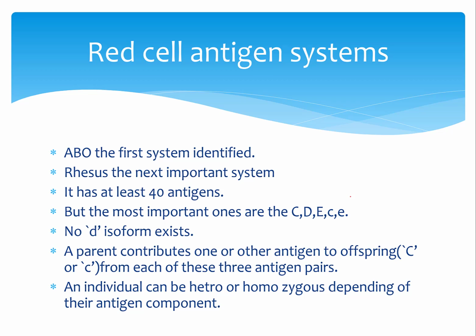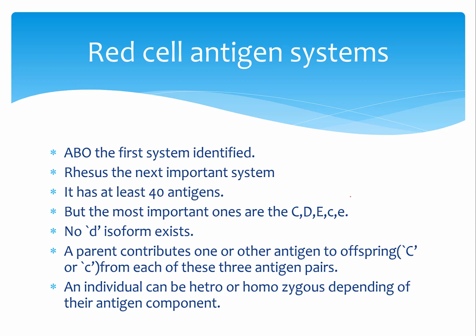The ABO system was the first system identified, and the next one was identified a couple of years later by the same person, which is the Rhesus system. Rhesus system is a set of antigens which has about 40 types of antigens. So they are numbered in English alphabetical letters.